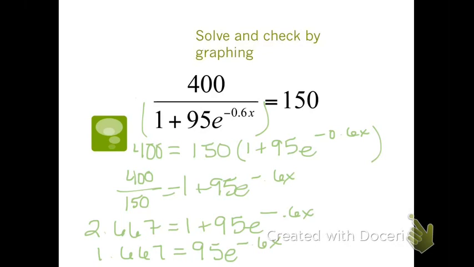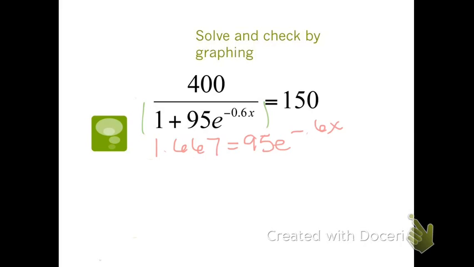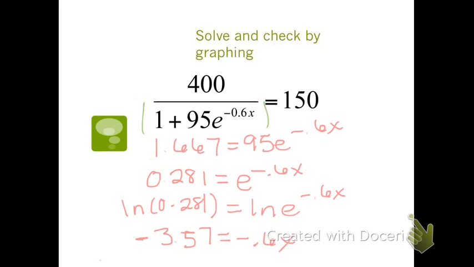I'm going to need to erase and give myself some more room, so copy that down. Divide both sides by 95 to get the e part by itself. Then take the natural log of both sides. So we get negative 3.57 equals negative 0.6x, and then solve for x. And we get x equals 5.96.